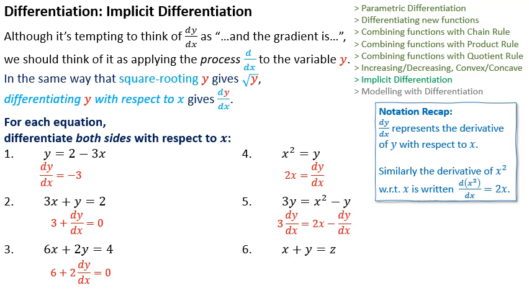But there's nothing stopping us from differentiating each separate part of this whole equation with respect to x. Just like with question 3, 3y differentiates to 3 lots of whatever y differentiates to, so that'll be dy by dx, and x squared on the right hand side becomes 2x. The y on the right hand side becomes dy by dx. Because we're taking it away, we're now taking away dy by dx.